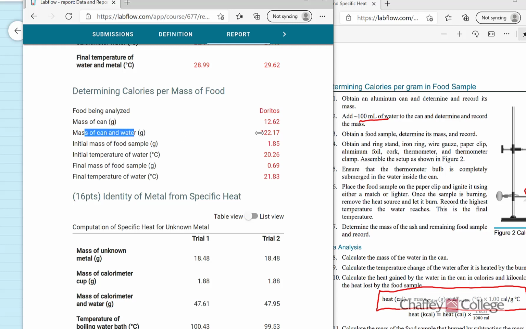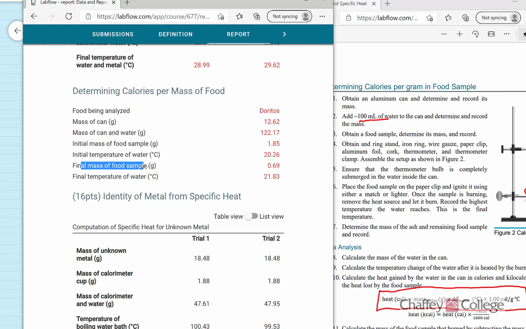The mass of can plus water was 122.17 grams. The initial mass of food sample, the mass of the Dorito chip before burning, was 1.85 grams. The initial temperature of water, the temperature of the water in the cup, was measured to be 20.26. This is the temperature before we burn the Dorito chip.